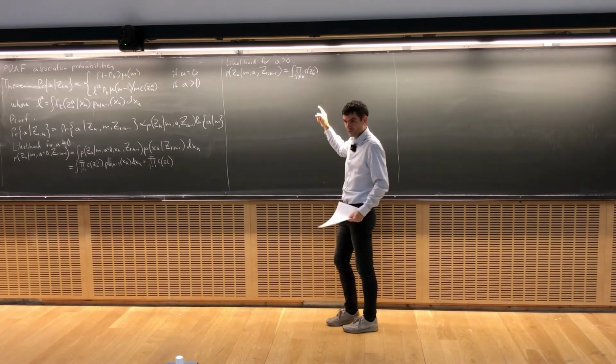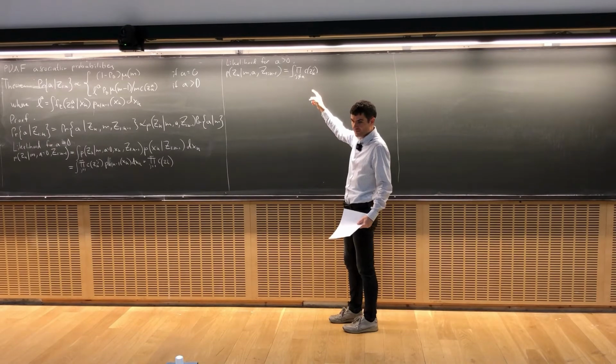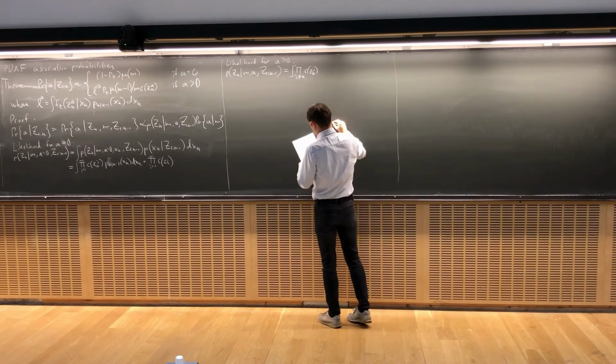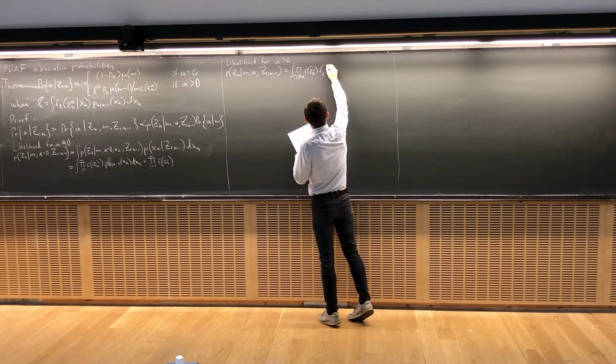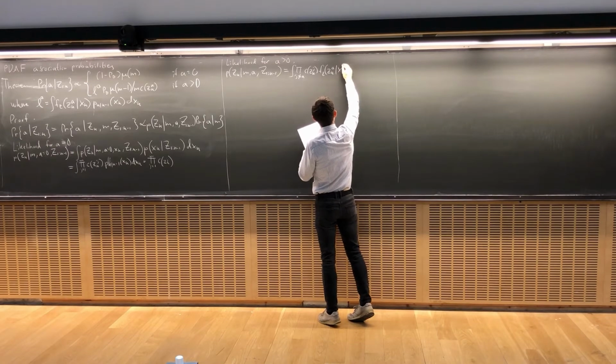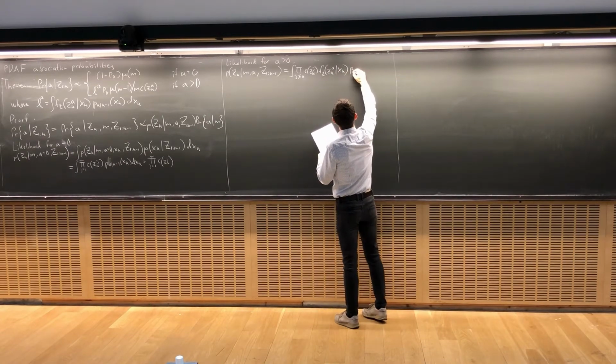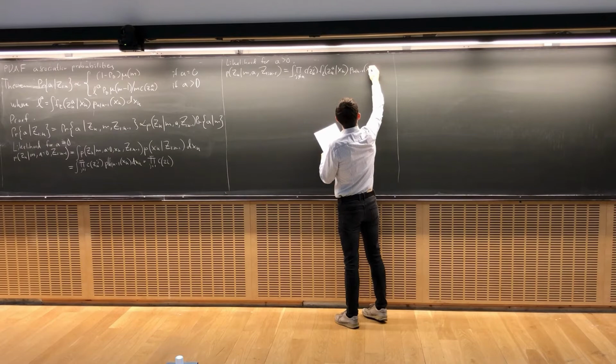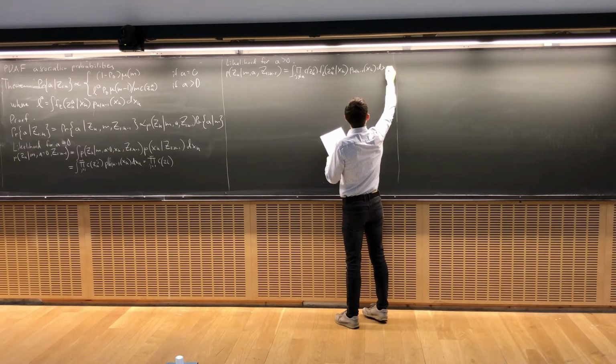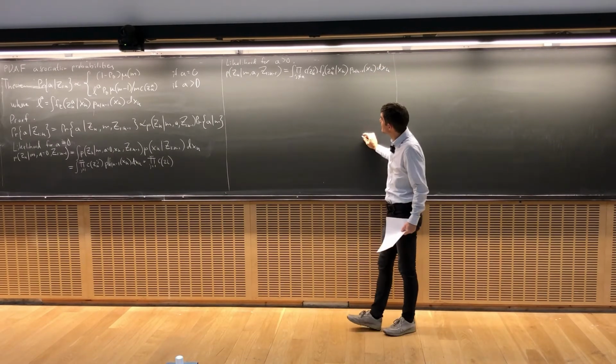Here I have all the cluster measurements except the one indexed by A. Then I have the likelihood of the measurement indexed by A. And of course I have the prediction again as part of this integral.